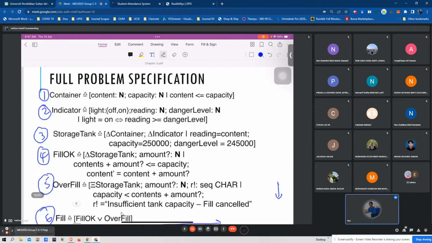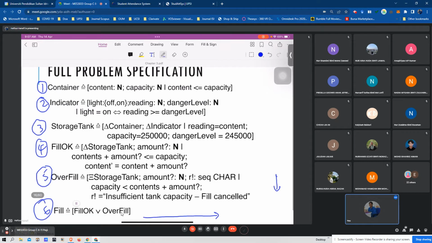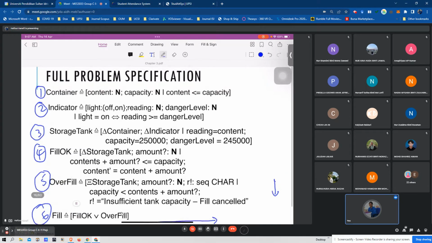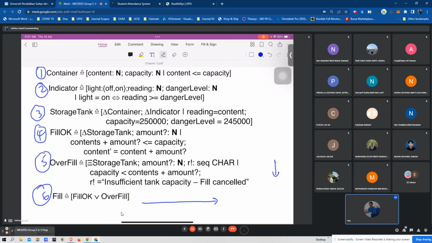Okay, full problem specification. This one we have the container, content and capacity and so on. This one we are using the vertical format, and then we have fill. Okay, this one is the vertical format.